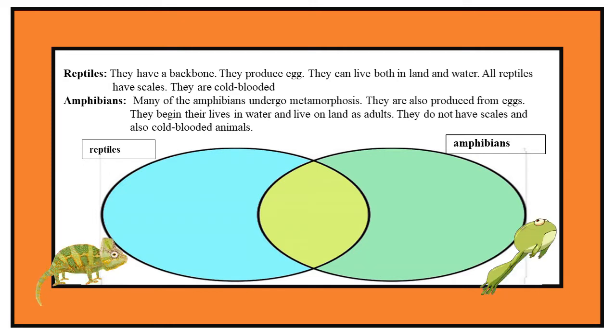Amphibians: many of the amphibians undergo metamorphosis. They are also produced from eggs. They begin their lives in water and live on land as adults. They do not have scales and are also cold-blooded animals. Now, you can start answering.